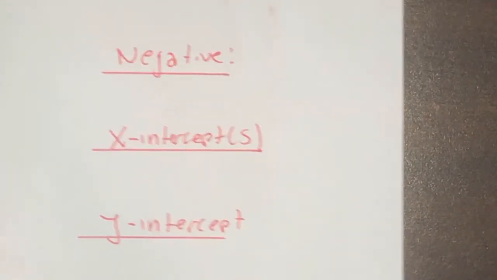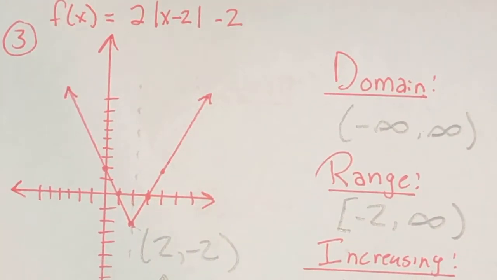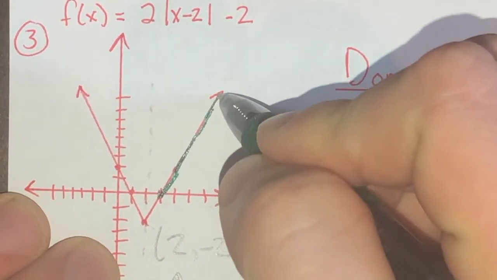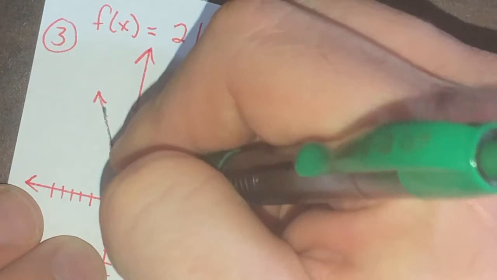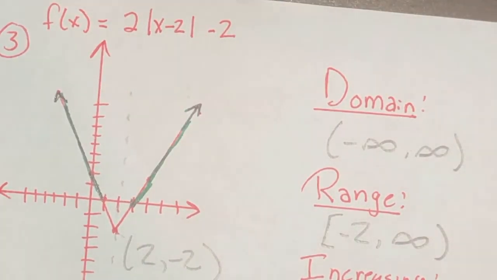Now I'm going to come up here. Positive, negative. Where is it positive? Let's take a look. Here's where it's positive. I recommend you think about tracing over. If you want to use different colors on a test or a quiz, as long as you know there's limited time, it's fine with me.